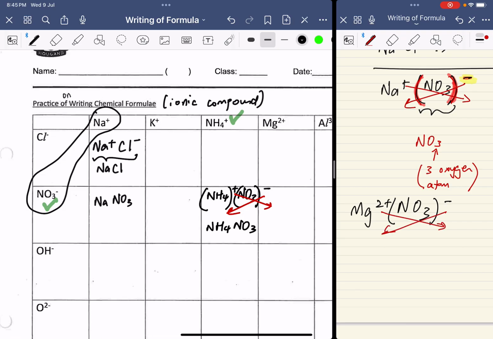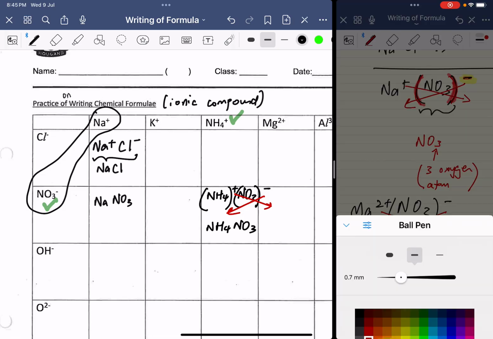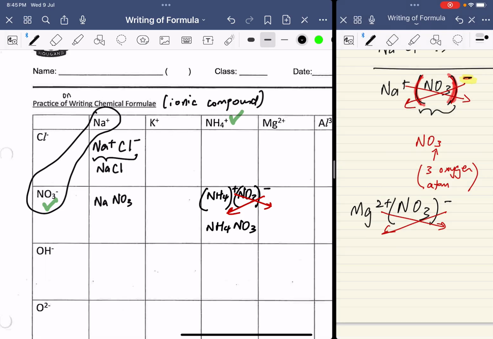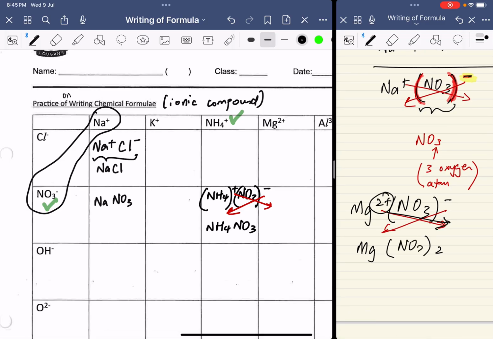The 2 will go down to the nitrate. So what you see here is you will have Mg bracket NO3 with a 2. The 2 will go down to the nitrate. So what does that mean? It means one set of 2 plus will balance up to give you 2 sets of nitrate.